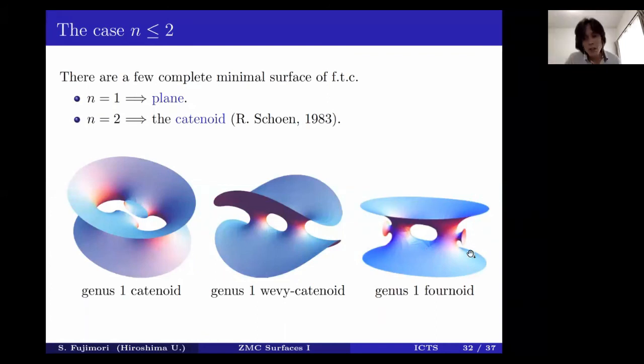So this surface is topologically genus 1 with 4 ends. So a genus 1 catenoid doesn't exist, but if we change the end, then the period problem is solved. Or if we add tiny ends here, then the period problem can be solved.